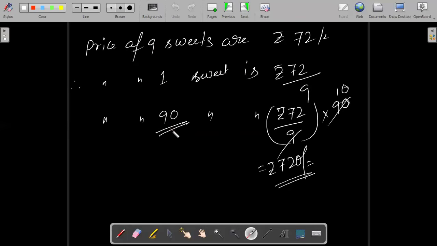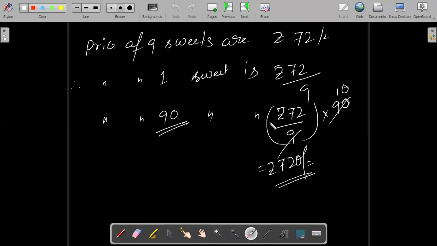As the number of sweets increases from 1 to 90, definitely the price of the 90 sweets has to be more than that of the one sweet. So I have to multiply the price of the one sweet by 90. So 72 by 9 multiplied by 90. Whenever we multiply any fraction with any integer, we generally multiply it with the numerator, not with the denominator.